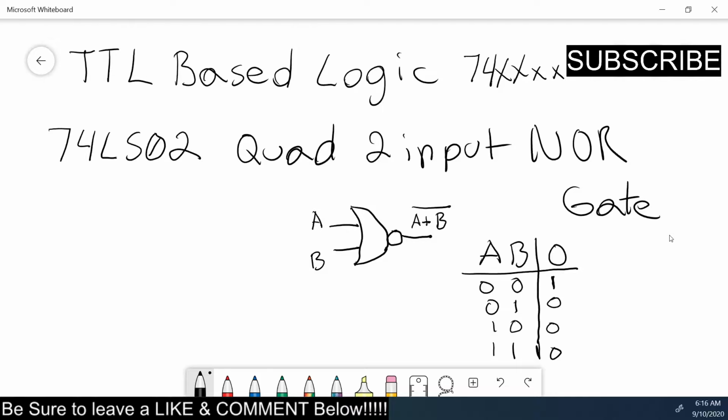And if you watch my video on the LS00, that was a NAND gate, and it is a universal gate.